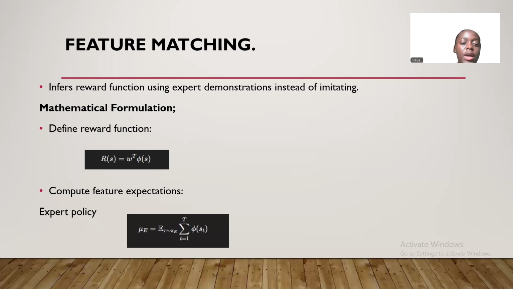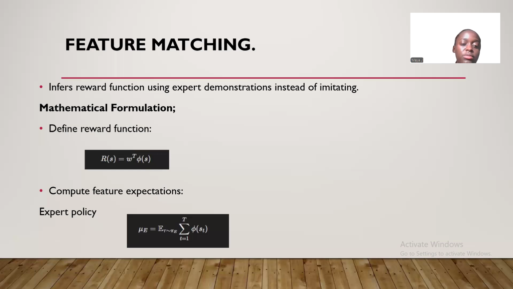Here we have feature expectations for the expert policy and feature expectations of the learner policy. These show the average occurrence of different feature values according to the expert demonstrations.